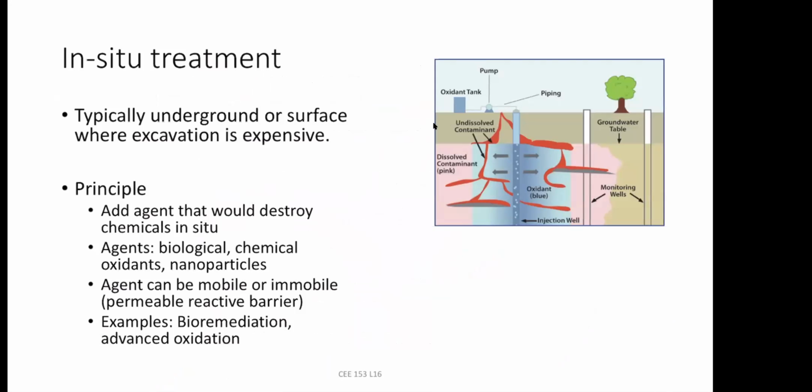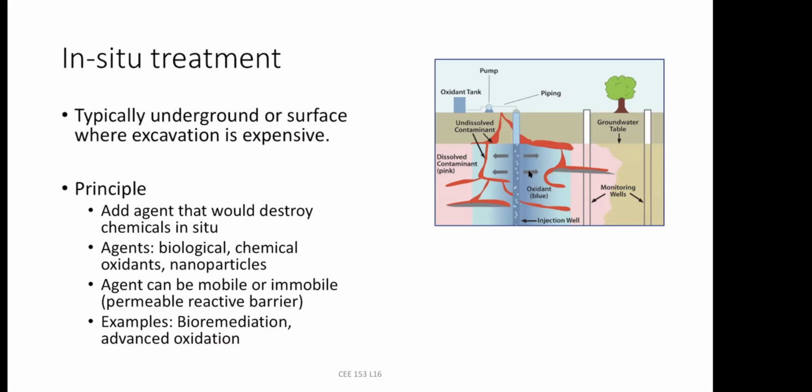Now, one of the techniques is, let's say, oxidation, where you inject some kind of reactants into the aquifer materials, and those oxidants will destroy the organic pollutant. So this oxidant could be ozone, but ozone is not used all the time because ozone is so reactive. The moment you inject it, it reacts with the soil itself before it even reaches there.